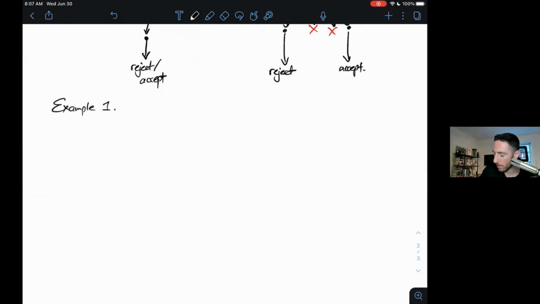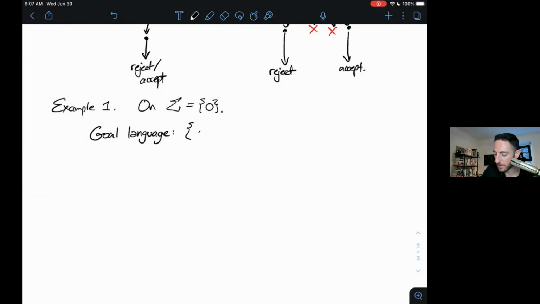So let's do an example on the alphabet {0}. It's a 1-character alphabet, 1-symbol alphabet. That's totally fine. And we'll set our goal as recognizing the following language.